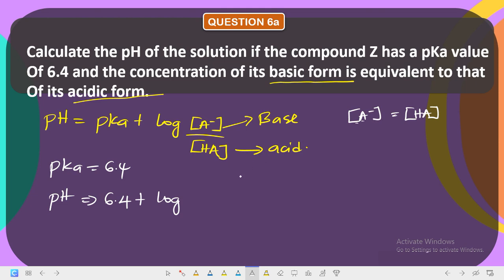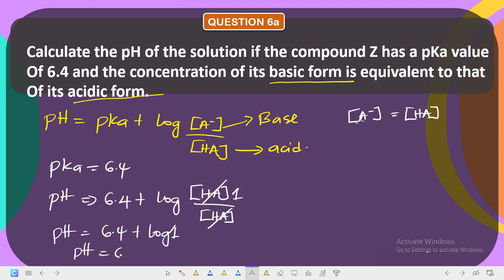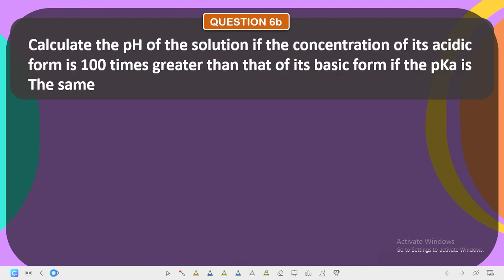So let us put HA here in place of A minus because they are equal, and then HA also here. Now, HA cancels HA. What are you going to have here? 1. Now, pH will be equal to 6.4 plus log 1, which is 0. So pH is equal to 6.4 plus 0, and 6.4 plus 0 is 6.4.